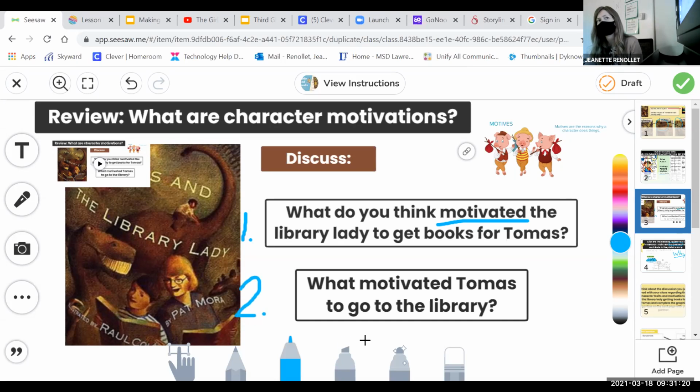Look at question number 2. What motivated Tomas to go into the library? Think about the reason. Think about why. Why did Tomas feel motivated to go into the library? Honesty? Know how to read and tell stories to Papa.